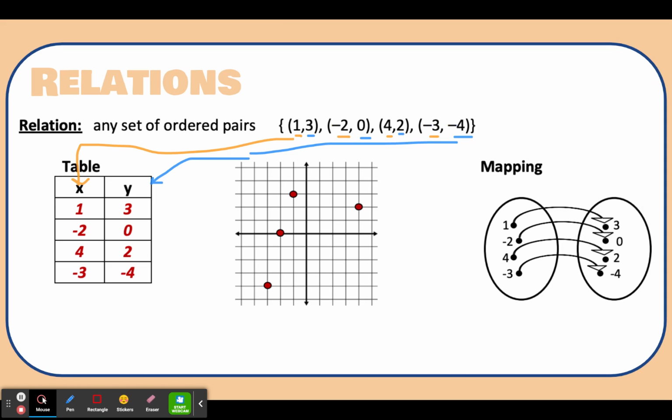And we're mapping it out using an arrow, connecting an input to a given output. When we're mapping, we typically see our x values or our inputs circled or somehow distinguished from our outputs and then mapped using arrows or lines.